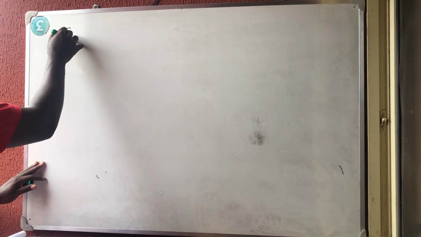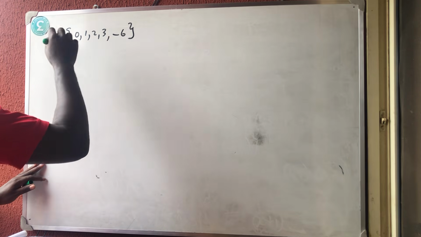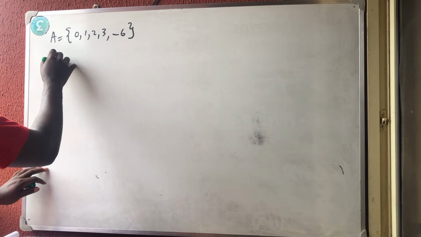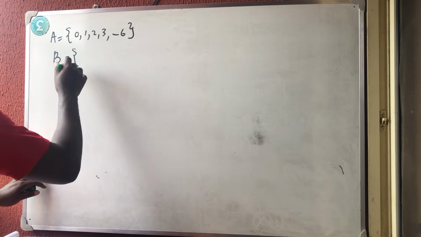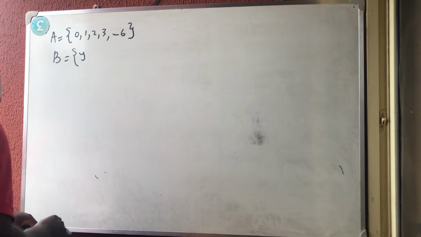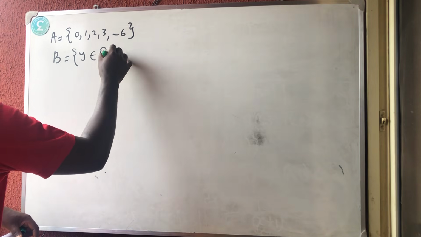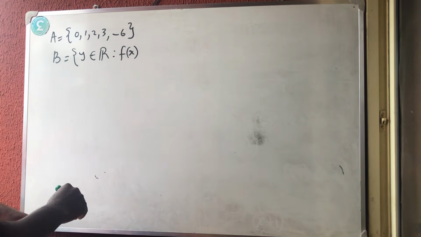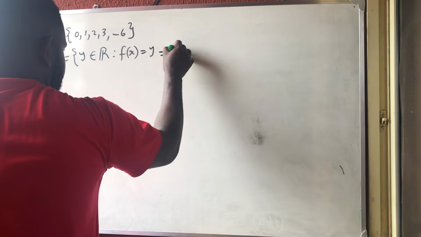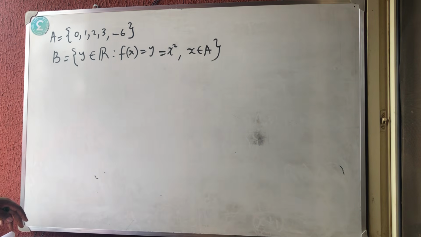An example said that I have A to be 0, 1, 2, 3, and minus 6. And B is equal to y, which is an element of a real number, such that f of x is equal to y, which is equal to x squared, and x are elements of A. Okay, so we want to get this.